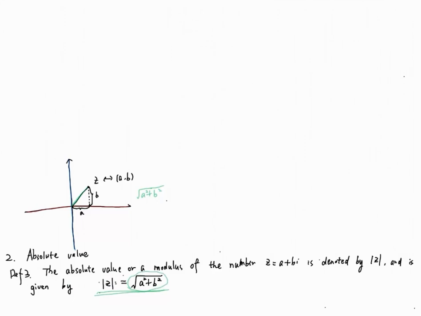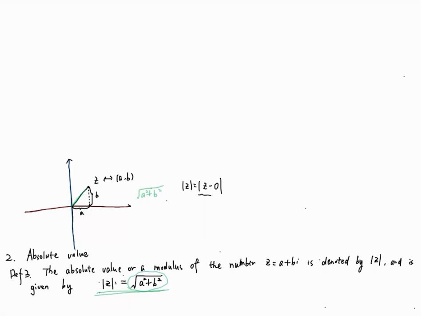Using this, we can get the geometric meaning of the absolute value. Here, since z minus 0 equals z, the absolute value of z equals this one.